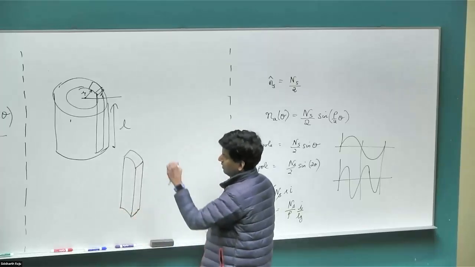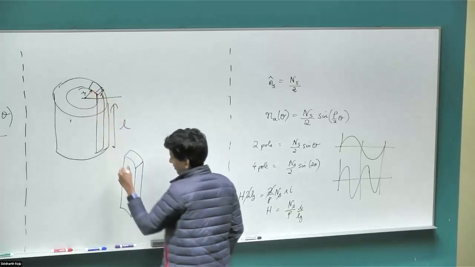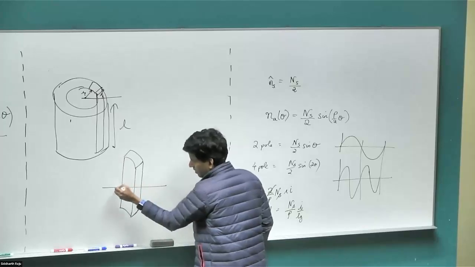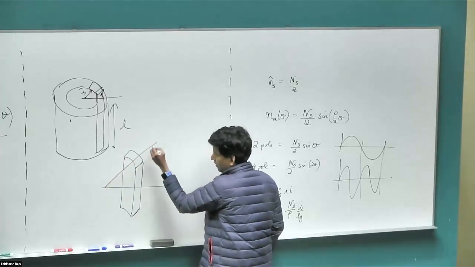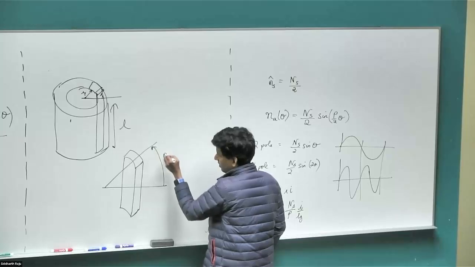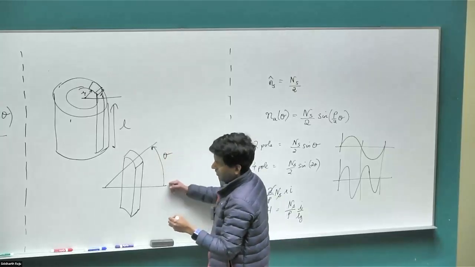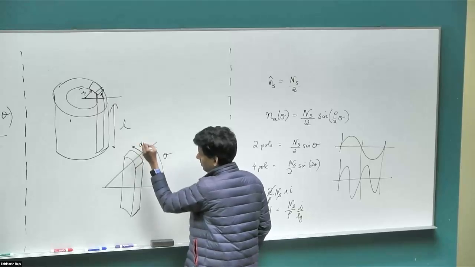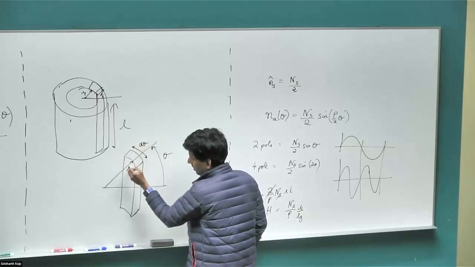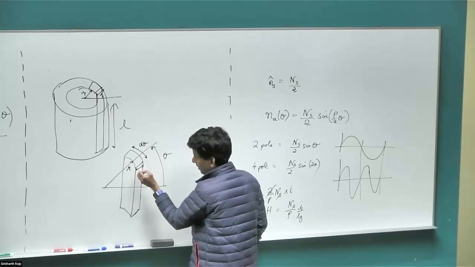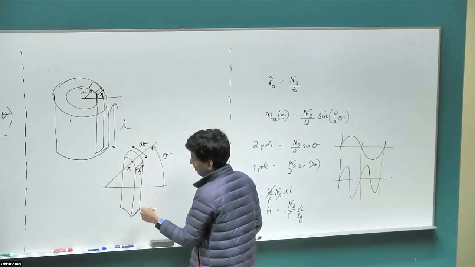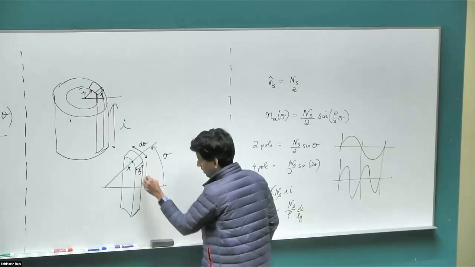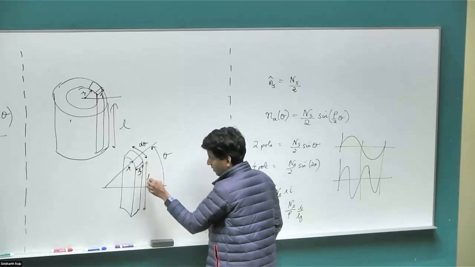Okay, so we are considering a tiny section, an incremental section in the air gap, which is at some angle theta from our A phase axis, and the incremental angle itself is d theta, and the rotor radius is r. The length of the air gap is quite tiny compared to the length of the rotor, so we are not going to worry about the mean length or anything like that, just to keep our math simple.